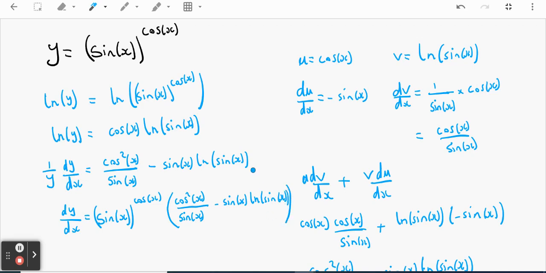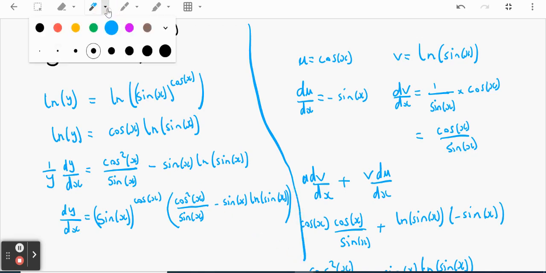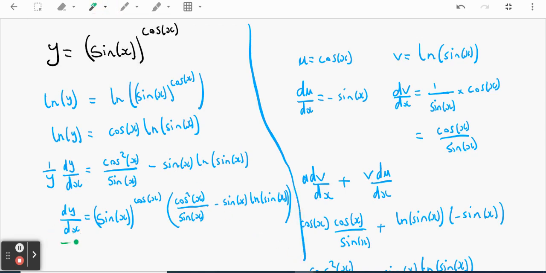Okay, and this is our final answer. So let me just change the color. This here is our final answer for dy/dx. So funky looking answer, but that is what it is.